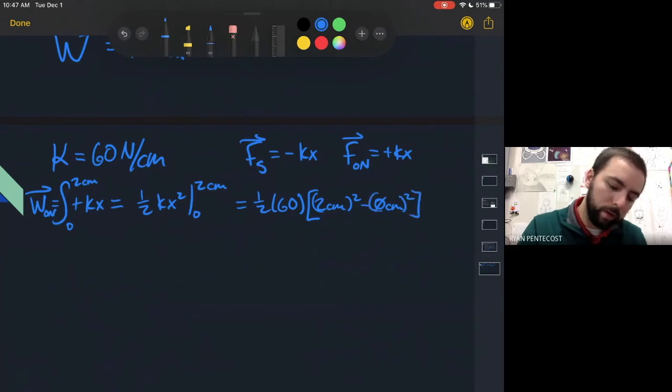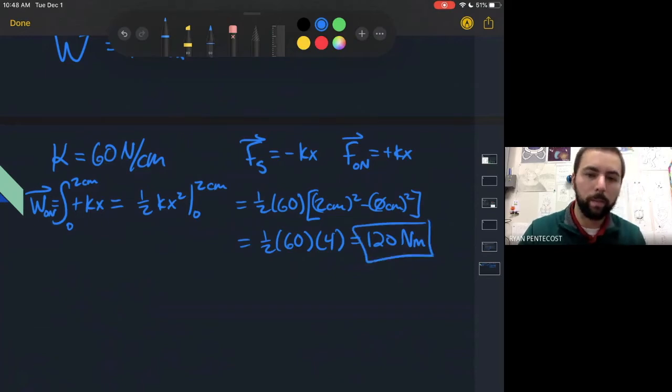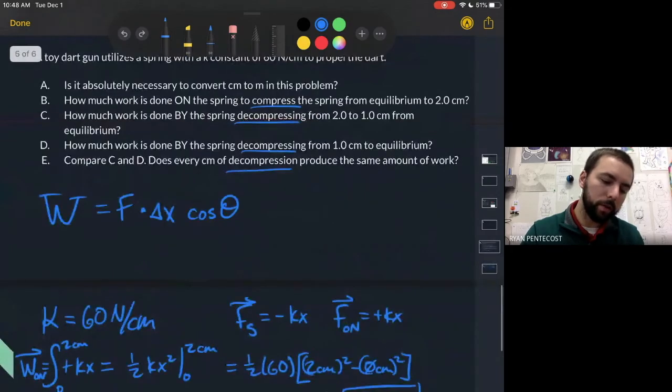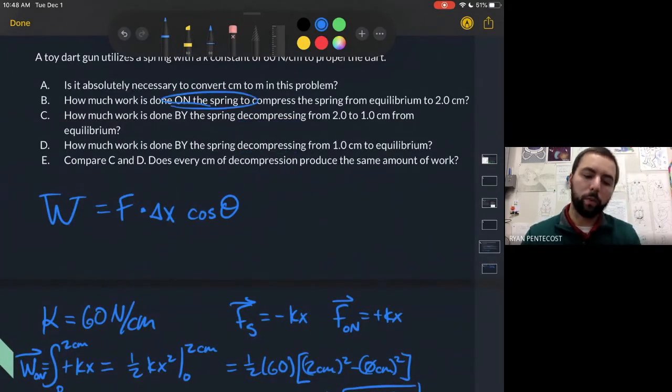So that gives us 1/2 times 60 times 4. That will give you 120 Newton meters. I'm sorry, that's Newton centimeters. We talked about that one. So you've got 120 Newton centimeters. So that's the work. Let's go back up here. That is how much work is done on the spring to compress it from equilibrium to 2 centimeters.